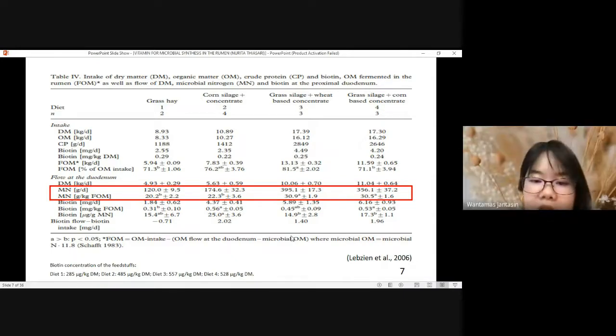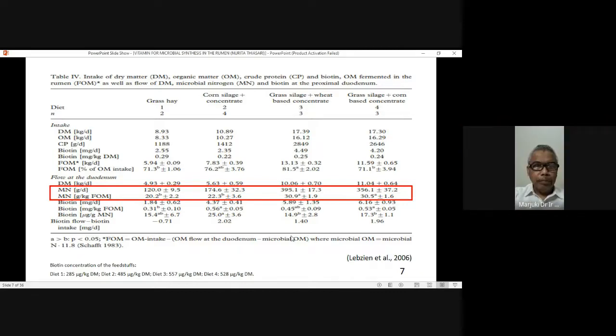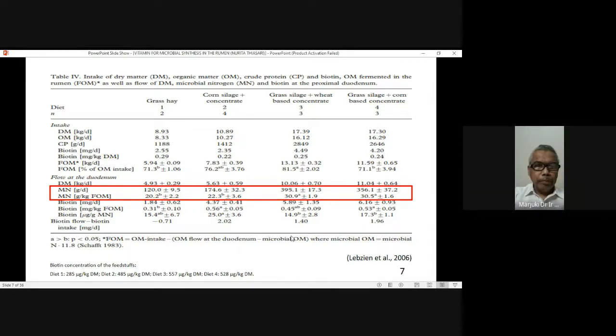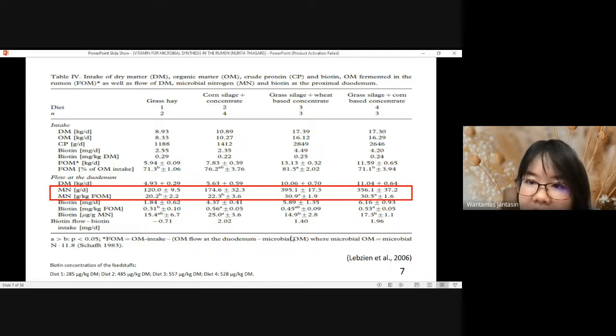No, but I just want to know the reason why when we fed only grass hay itself or corn and silage, grass concentrate itself, it does not improve the microbial nitrogen at all, right? But when we fed them grass silage combined with base concentrate, why do they increase the level of microbial nitrogen here?